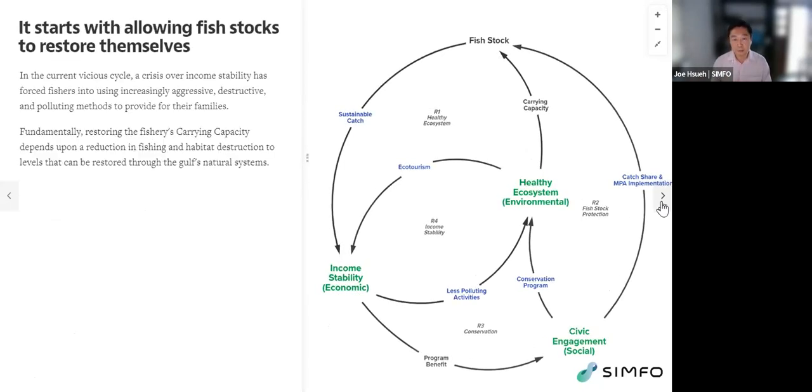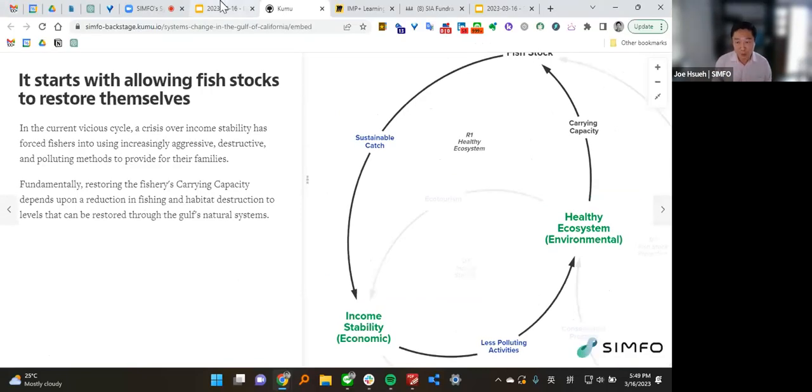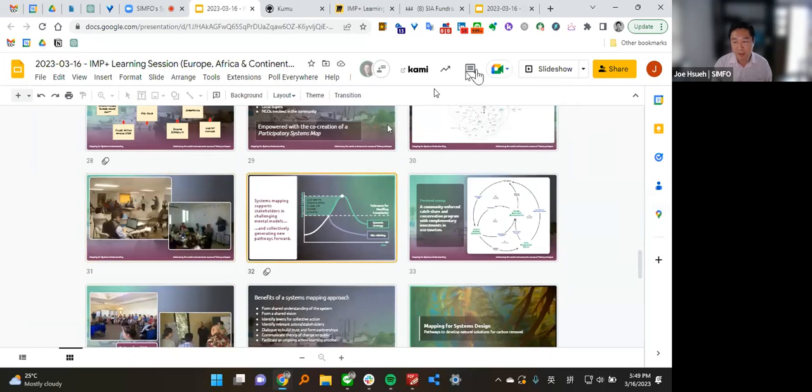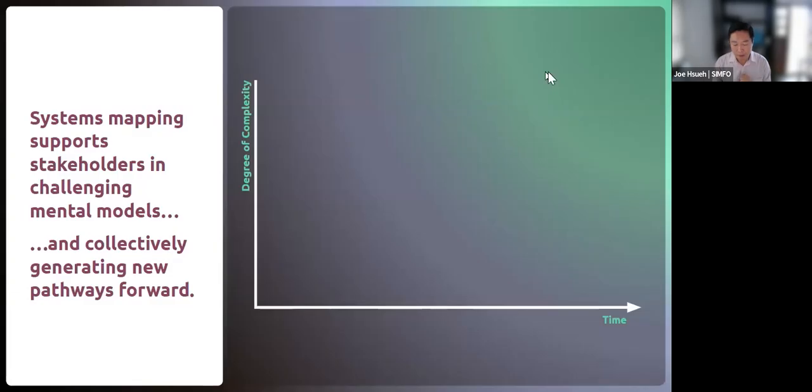Okay, let me quickly continue to share two other maps so that you have a sense of what others look like. And before I turn to Brian, I want to share with you this from our experience. When you do mapping, there's this timeline over time.